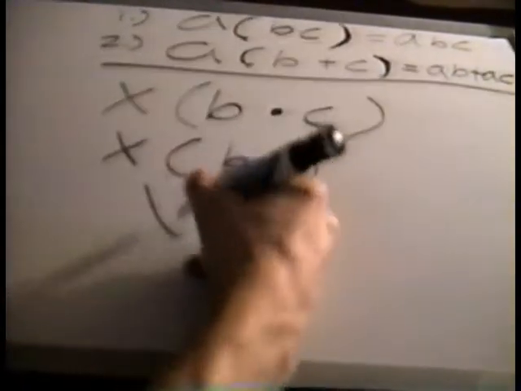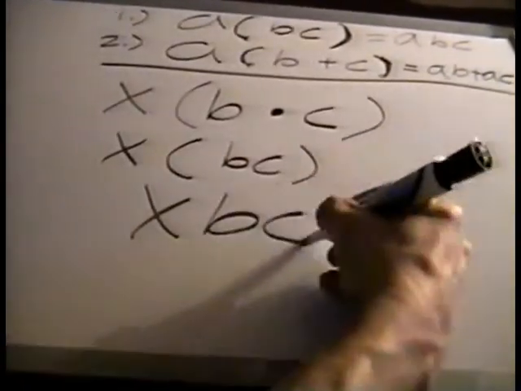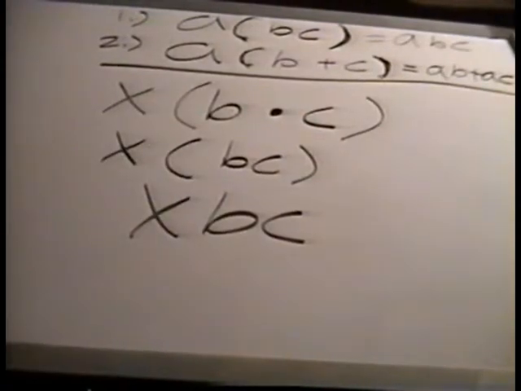Now here, just like before, let's say A is a number. Let's say we're going to use this form. It's going to show you a number multiplied by the sum. So let's say if we have x times 2 plus 3.